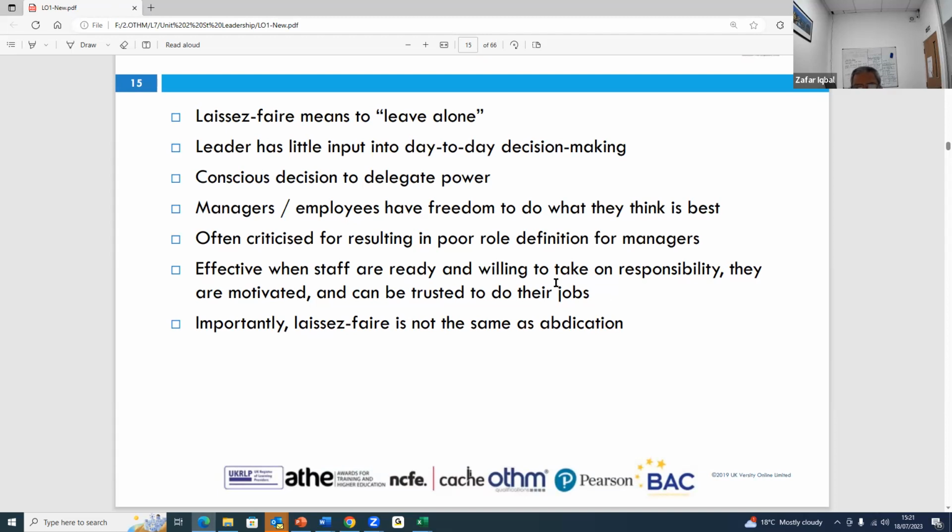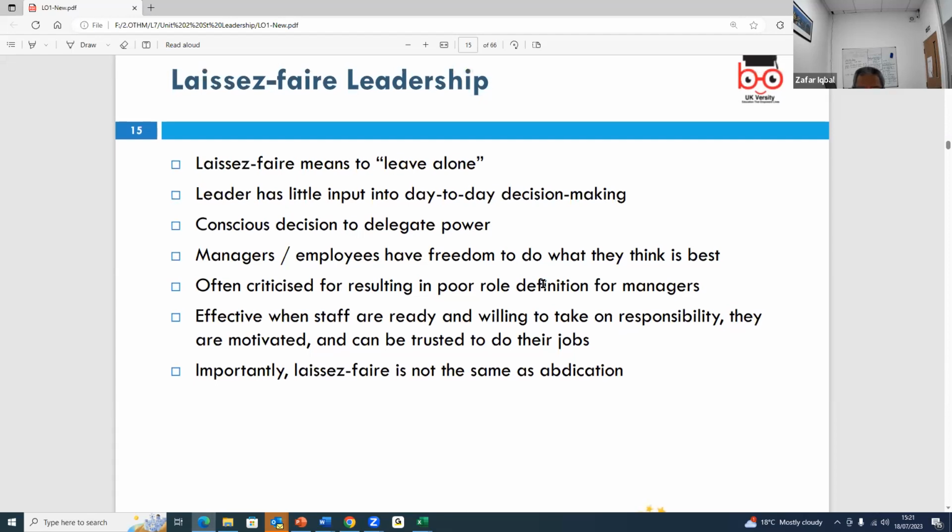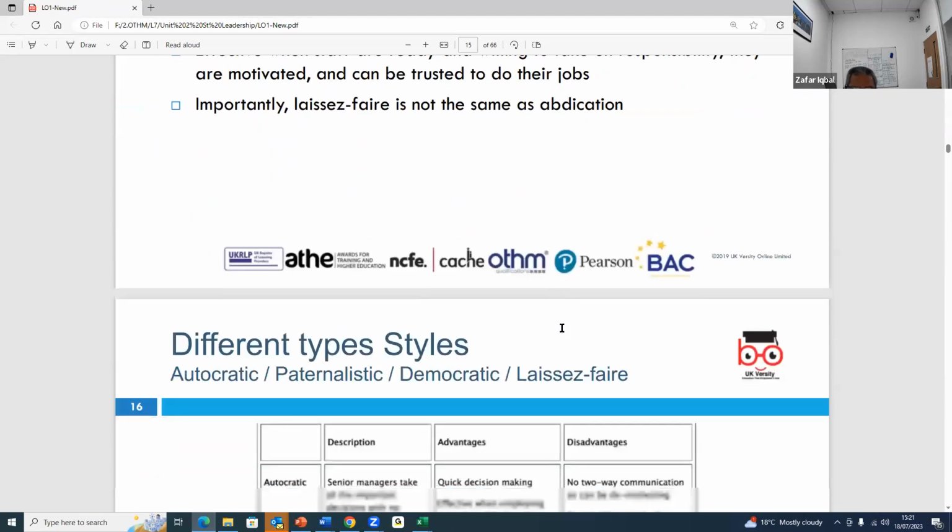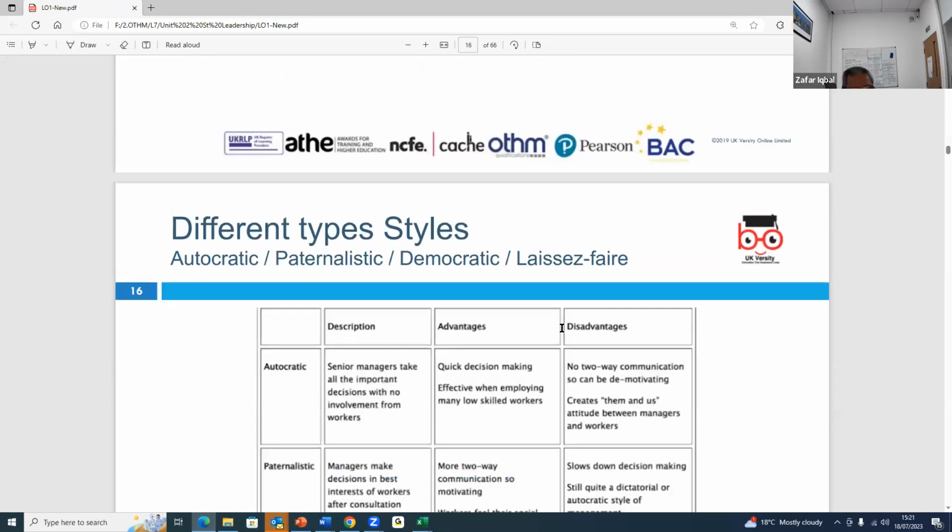Okay. But the ultimate responsibility, of course, stays with the leader. However, the team also takes responsibility as well for their motivation and for their trust.